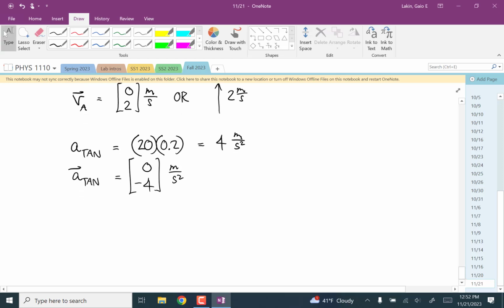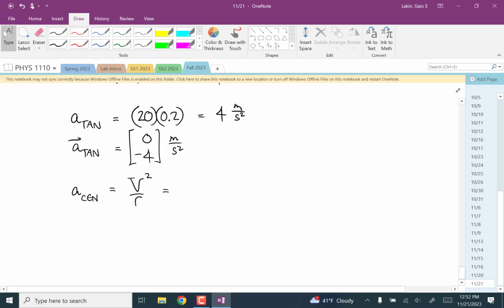And now the centripetal acceleration, we don't have to do anything new with this. This is just equal to v squared over r. V we already calculated is 2 meters per second, so 2 squared over 0.2. And so that is 20 meters per second squared.